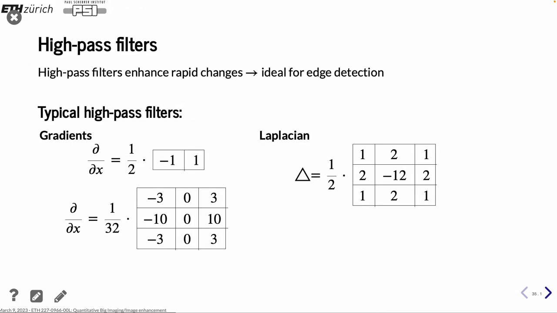So, leaving low-pass filters, actually the spots was kind of a transition. Now we switch over to looking at high-pass filters, and these filters instead enhance the rapid changes, and we can use them for edge detection. And typical high-pass filters are gradients.